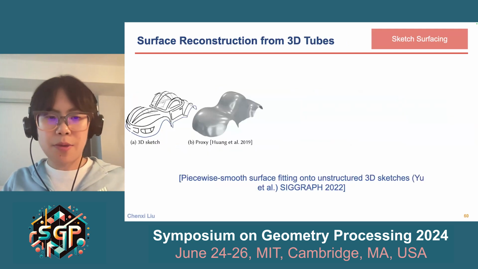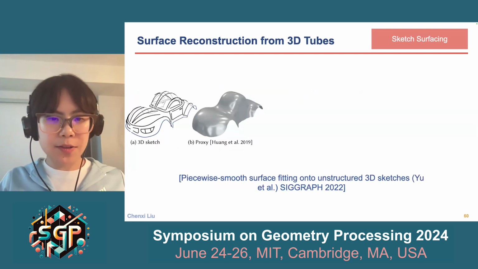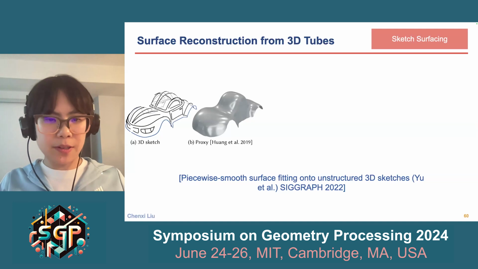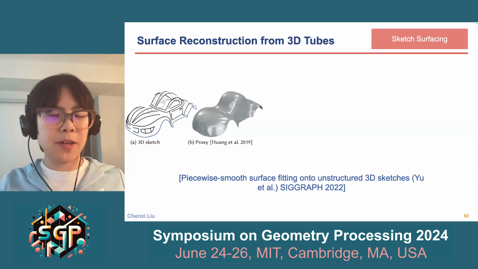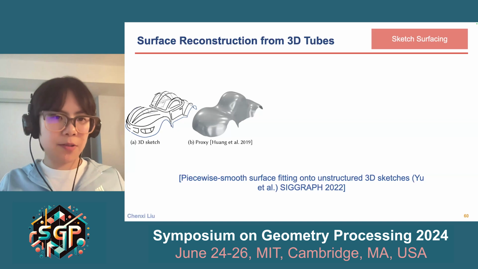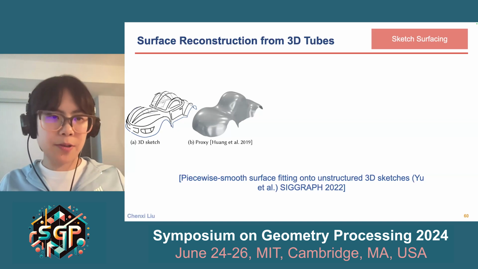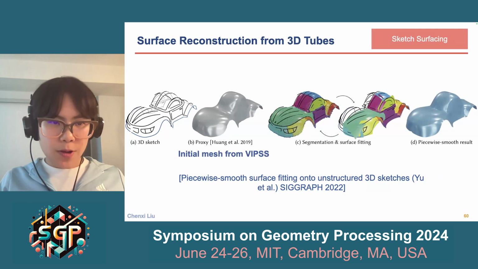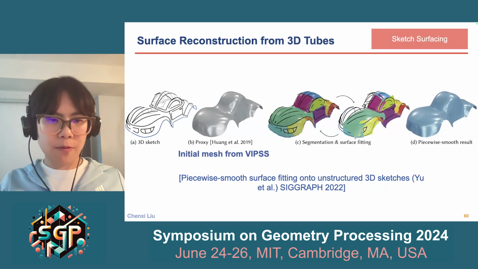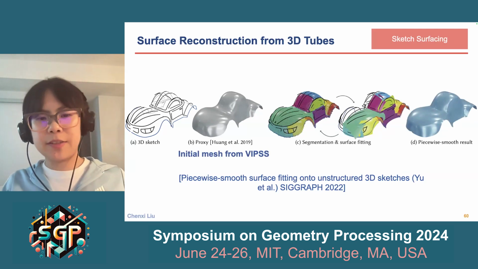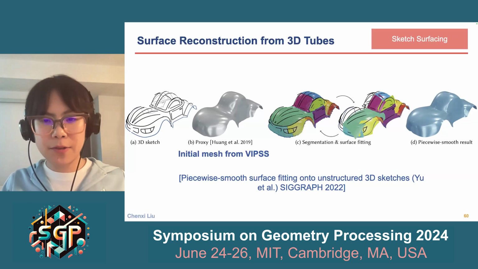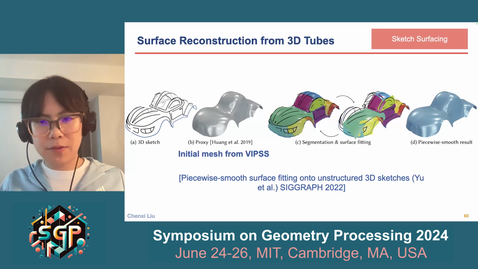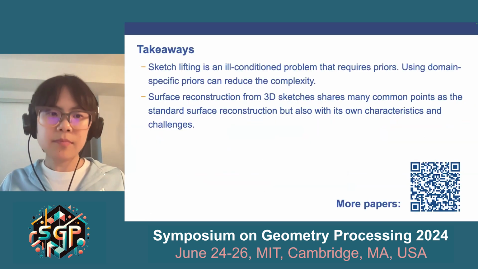When the input is 3D tubes, those 3D lines can represent sharp features which VIPS cannot reconstruct. So this is the VIPS result. We can see it's pretty smooth everywhere on the surface. So this paper starts from the VIPS mesh and iteratively segments and tightly fits the surface. As a result, we have sharper features.